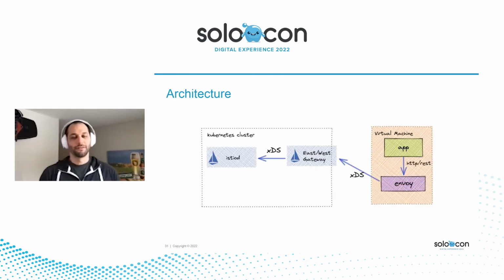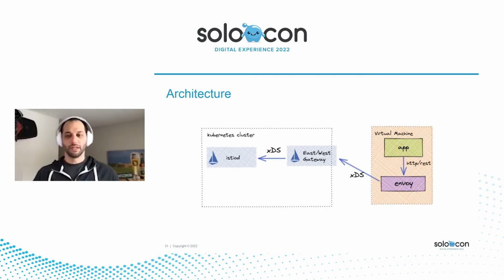So we're going to start with a simple architecture of how you would join a virtual machine that doesn't exist in a Kubernetes cluster or a service mesh to Istio. The sidecar communicates over a protocol called XDS.